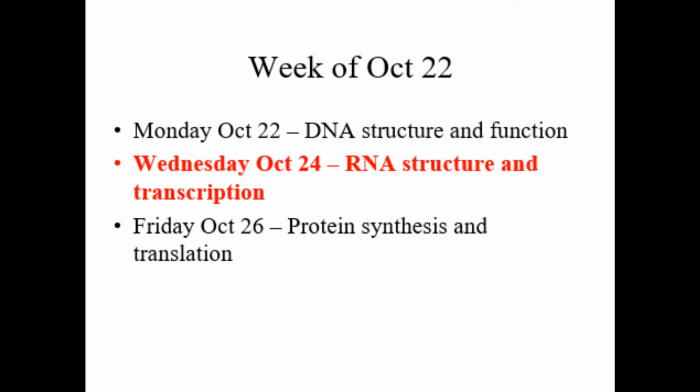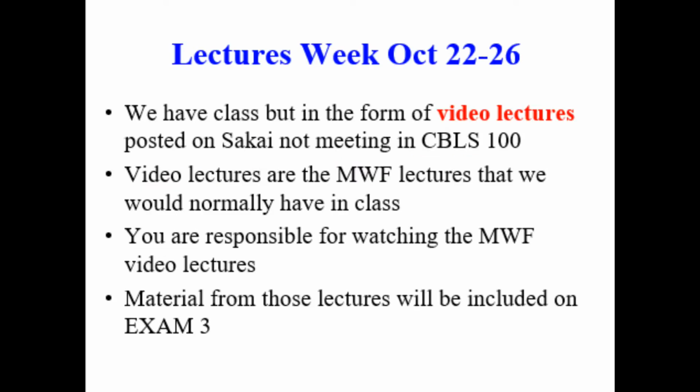DNA is going to stay in this protected environment. So what we're going to look at is RNA and the importance of RNA in acting as a go-between between DNA and proteins.